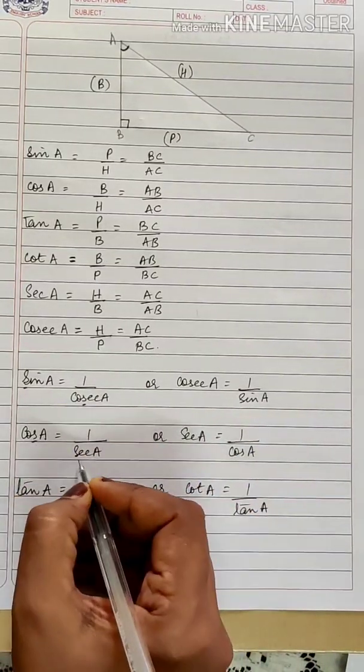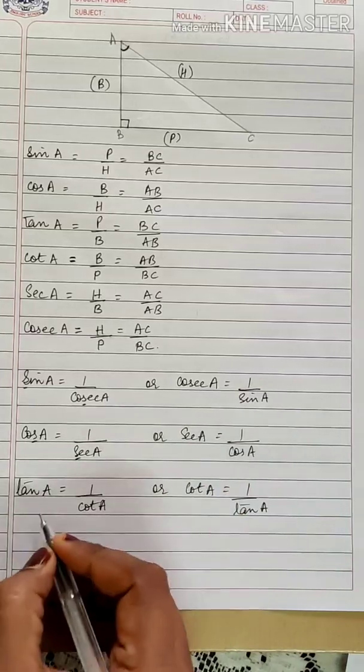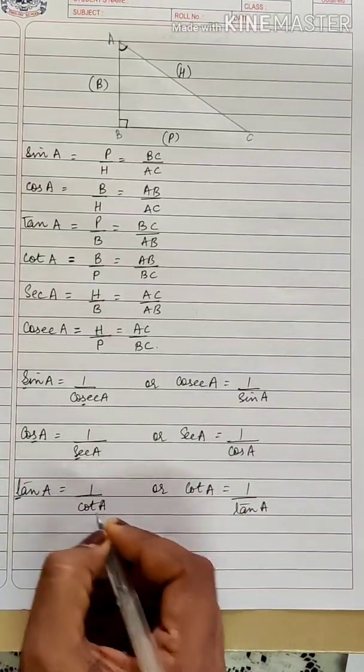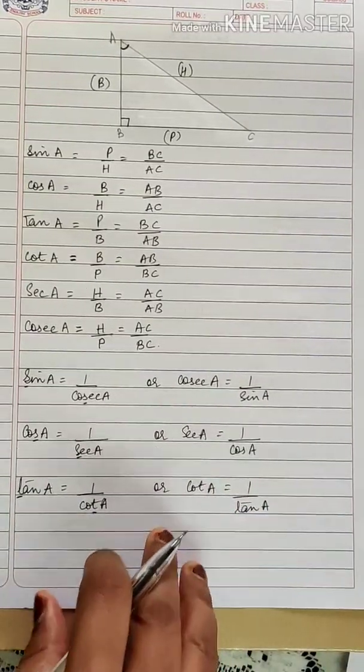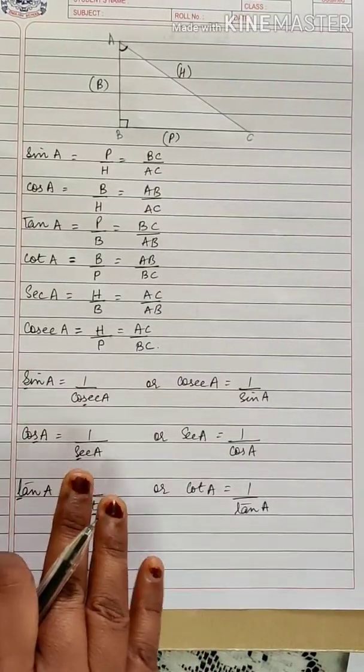Cos, third letter, here secant. Similarly, tan, third letter.